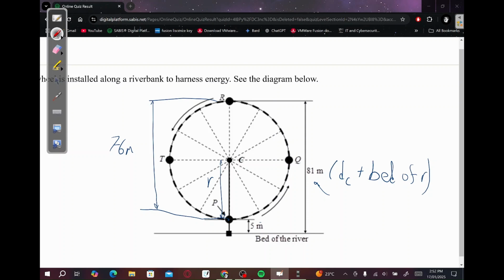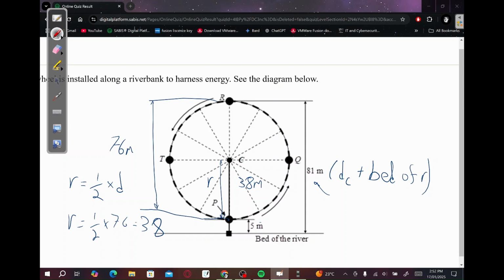Now you know that r is equal to half of the diameter. So r is equal to half times 76, which equals 0.5 times 76, 38. Now, 38 meters, so we're just going to write down 38 meters here.